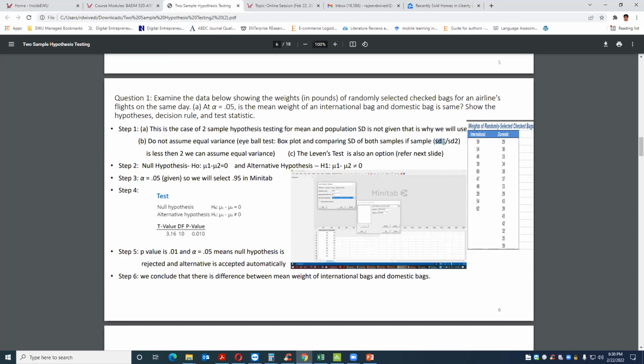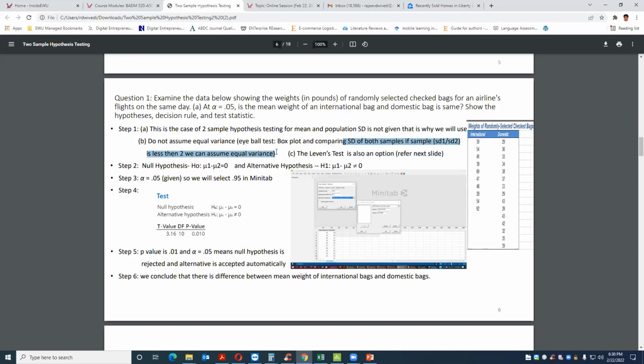The standard deviation of one sample divided by the standard deviation of the second sample. If that is less than 2, we can assume equal variance. If it is more than that, then we can assume unequal variance. Way back, we didn't have calculators or computers, so we used to do this eyeball or first reference test.